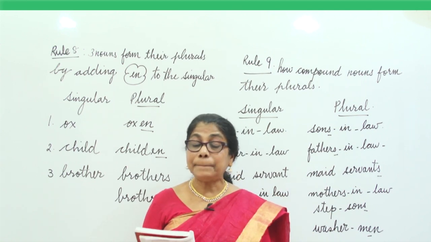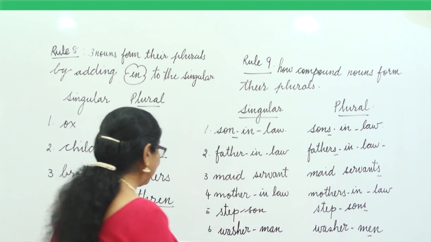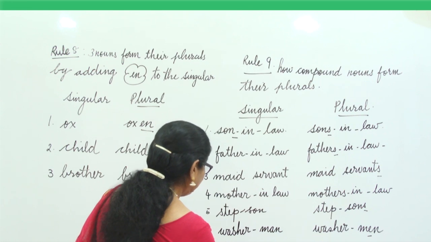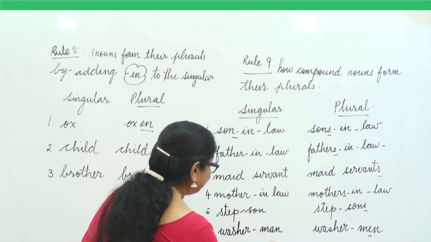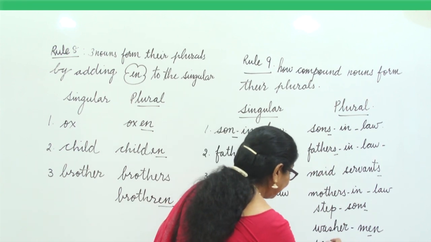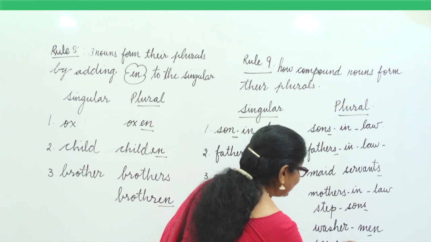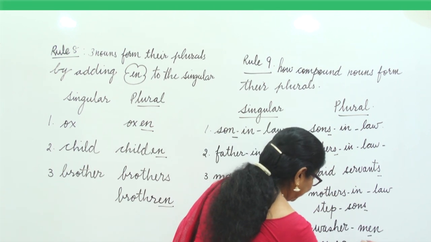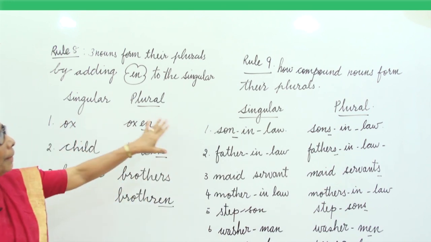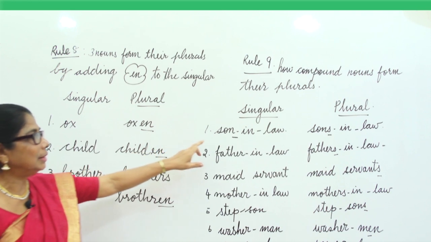Okay, let us say passerby. Passerby, that's a nice word. Passer-by becomes passers-by. You add an S. Now, let's look at the compound, how compound nouns form their plurals.